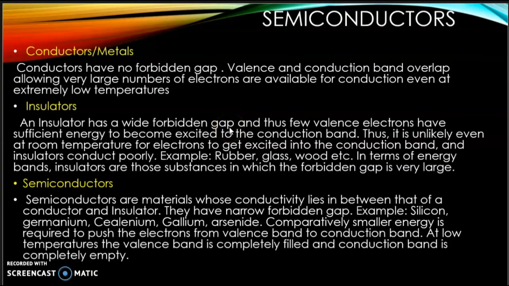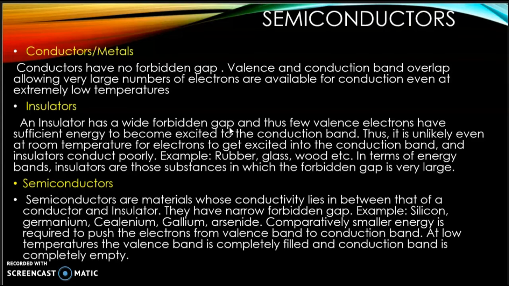Conductors. So we have summarized everything here that conductors have no forbidden gap. The valence and the conduction band overlap, allowing a very large number of electrons available for conduction at extremely low temperatures. And also for insulators, an insulator has a wide forbidden gap and thus few valence electrons have sufficient energy to become excited to the conduction band.